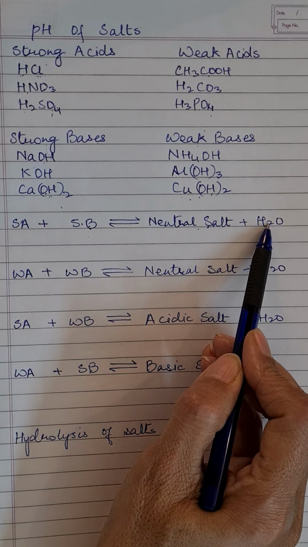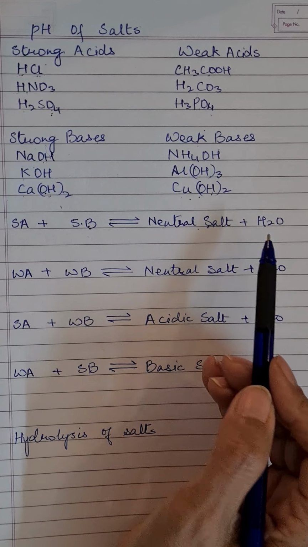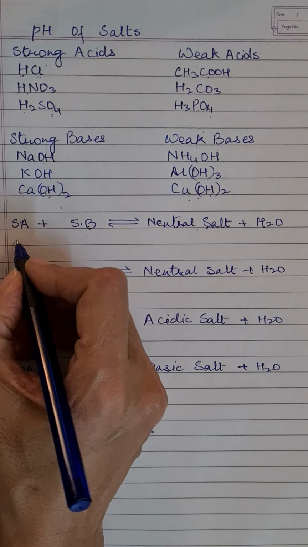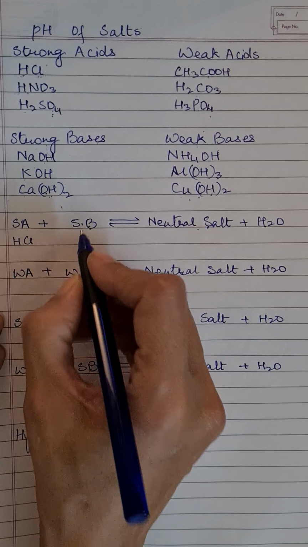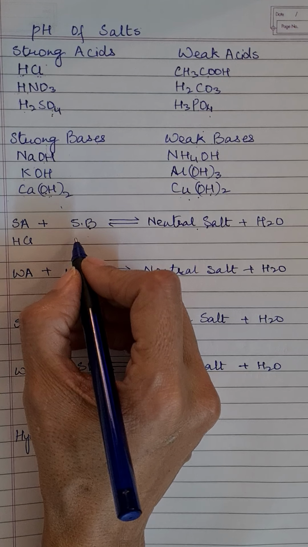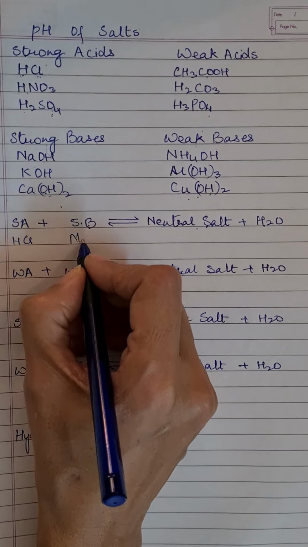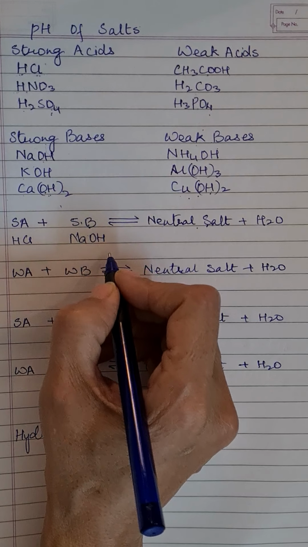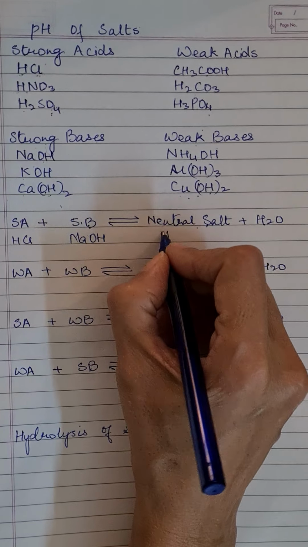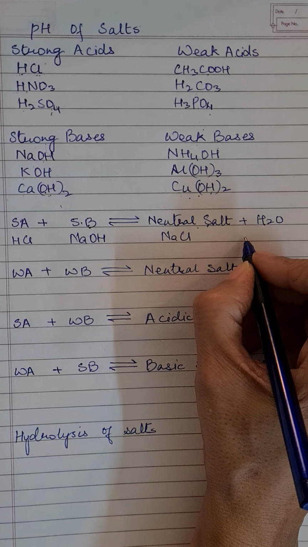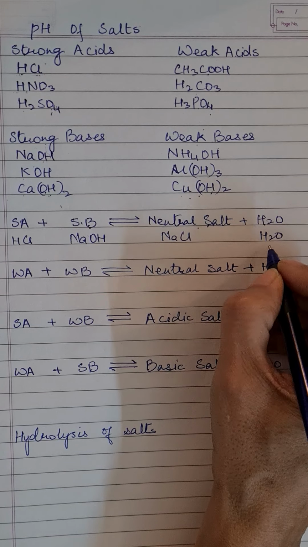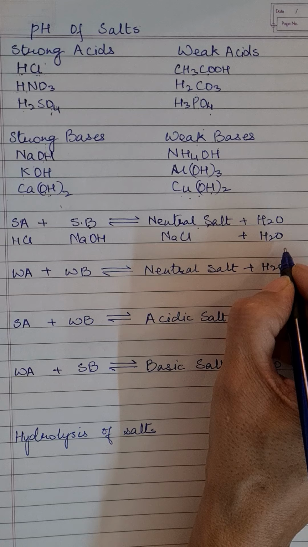If we take the example of a strong acid such as HCl and a strong base such as NaOH, it's going to form the salt NaCl and of course a molecule of water.